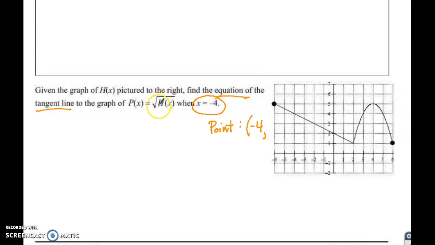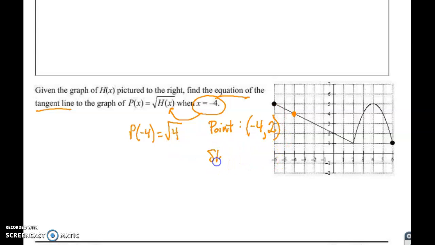Now be careful, because for the y values, we're plugging -4 in for this x. So h of -4 is +4. So p of -4 is equal to the square root of +4. I hope that makes sense. So the y value is 2. Square root of 4 is 2.